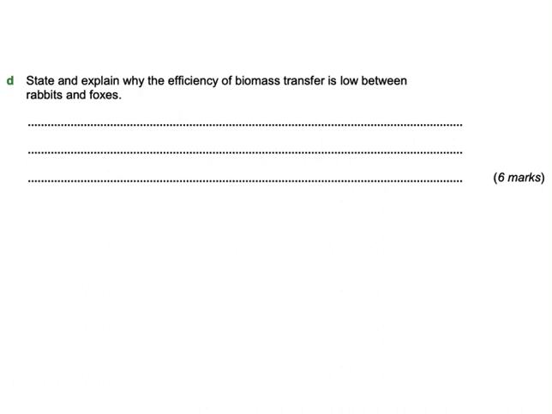So, in this example, state and explain why the efficiency of biomass transfer is low between rabbits and foxes. Please pause the video, following my 3 tips for answering this question, and then I will display the mark scheme.